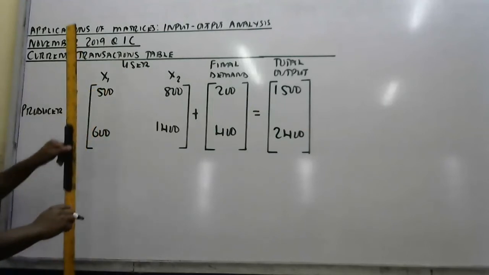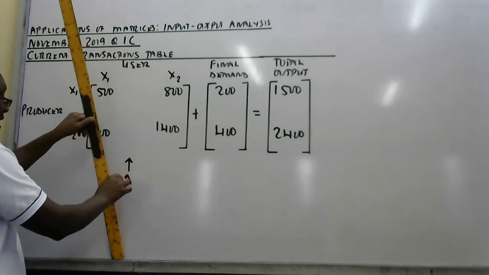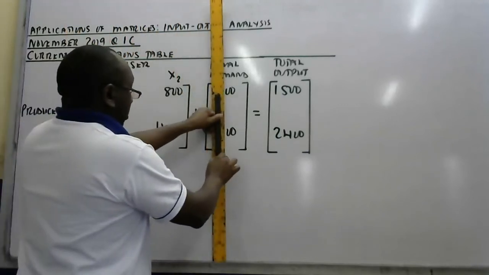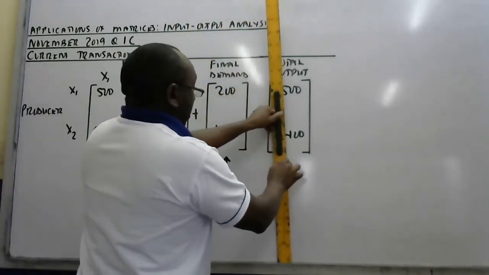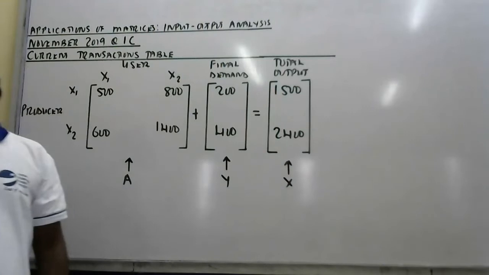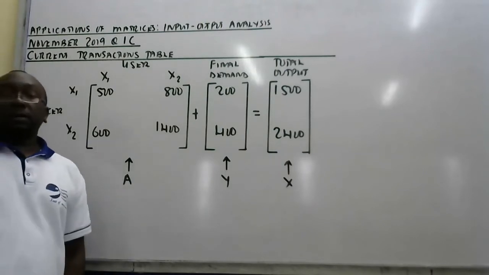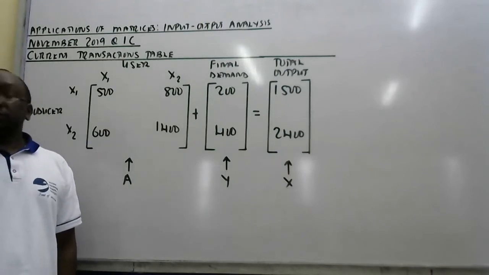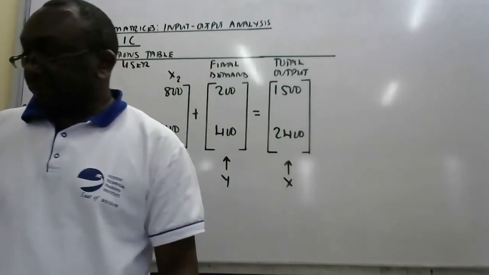In terms of matrices, this one is called matrix A, this one is called matrix Y, and this one is called matrix X. That is how we label them.